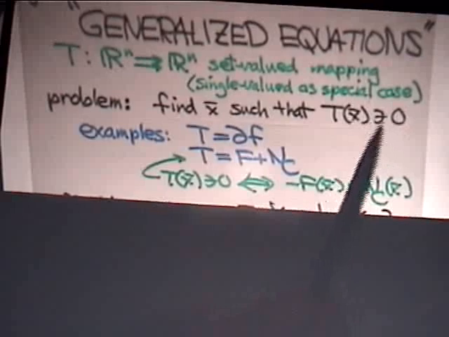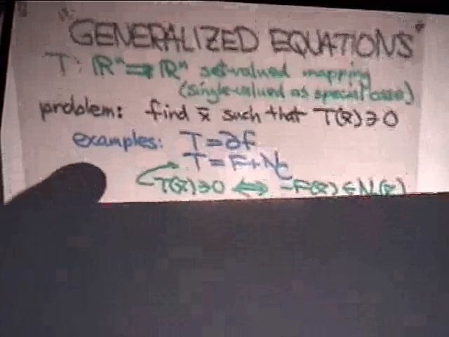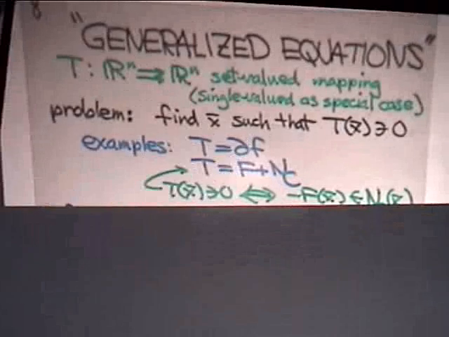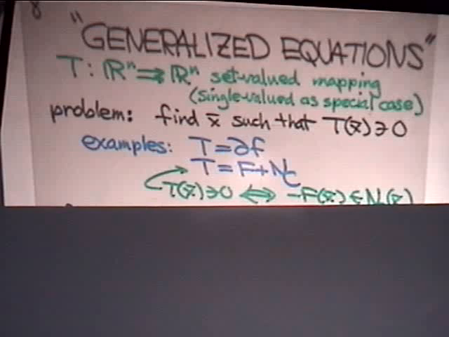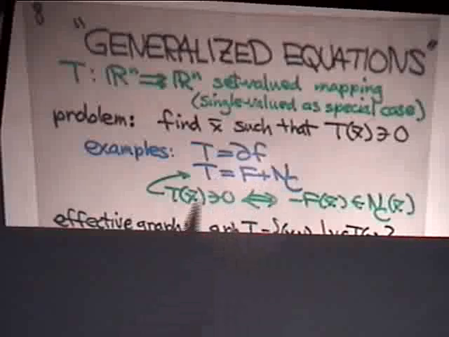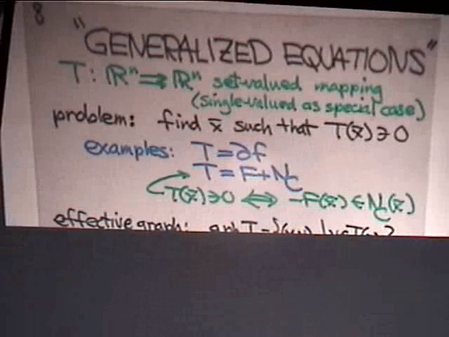I didn't used to like this notation, but I've come to find it very convenient. An example would be, if this is a subgradient mapping, I want to find a point where the minimum occurs. Or this could be a mapping coming from a variational inequality, f plus the normal cone mapping. Then, to solve this generalized equation would be to solve a variational inequality.